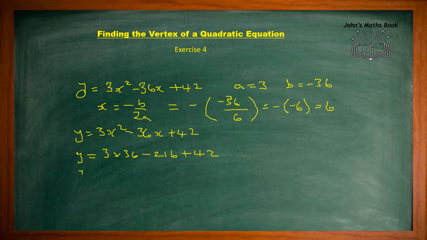So y is equal to 36 times 3 is 108 minus 216 plus 42. And that equals minus 66. So the x, y coordinates in this case are x is 6 and y is minus 66. So that concludes the video of finding the vertex of a quadratic equation.